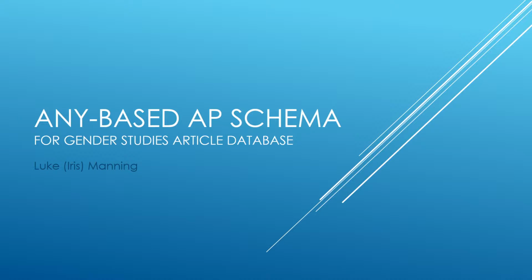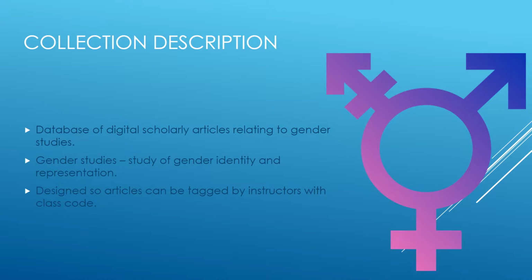For this second application profile project, I made a MODS-based AP schema for an academic gender studies article database. And I will go into what that means right now. So this is the description of the collection.